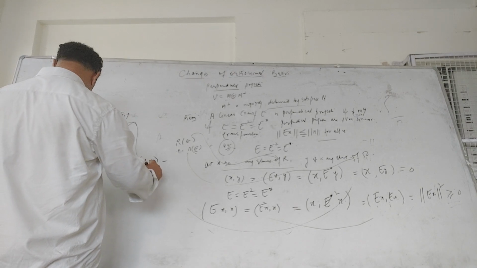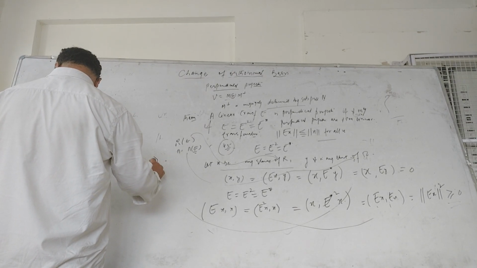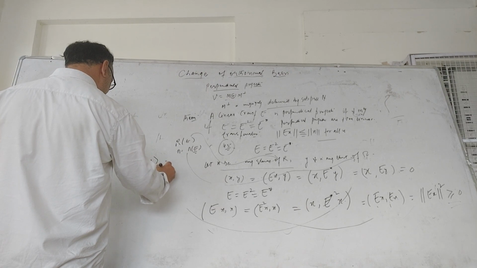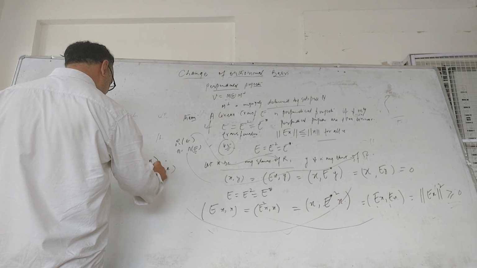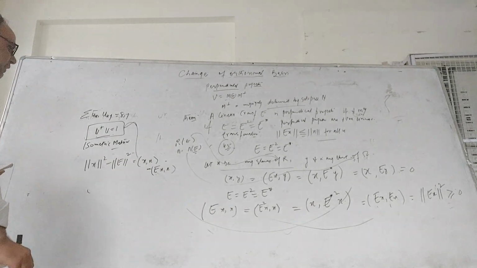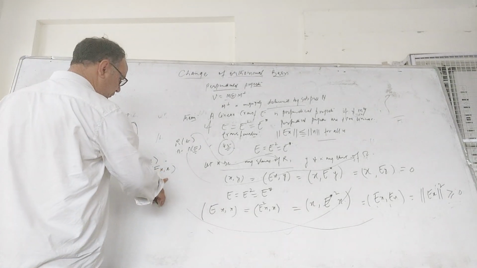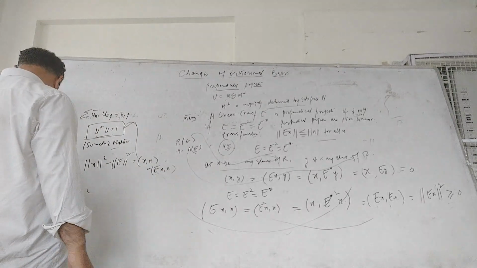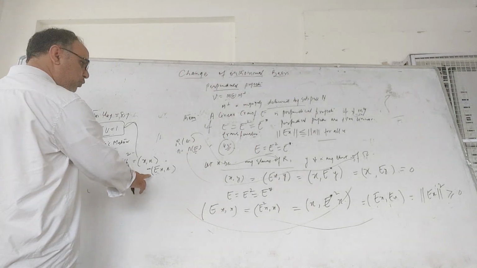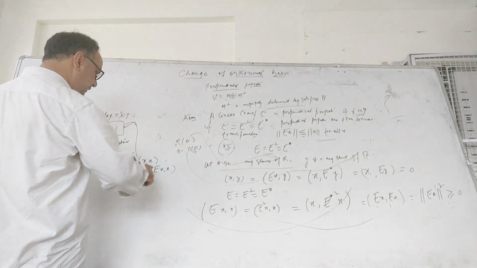You can write it as minus e times x of x. So if x is equal to x, it will be e square. So what we are going to do, subtract this and this.